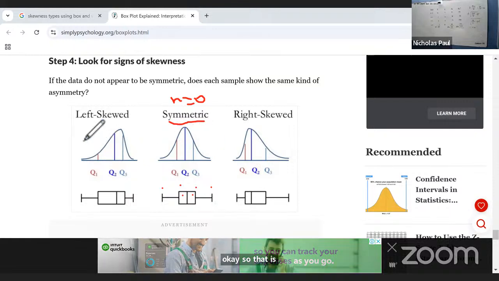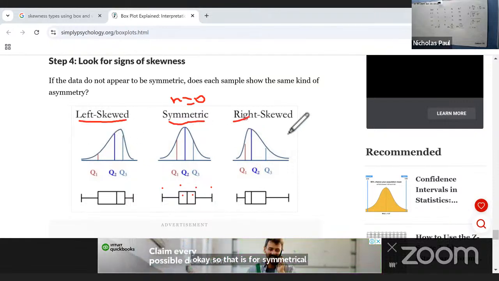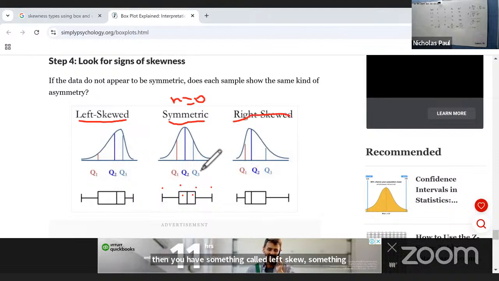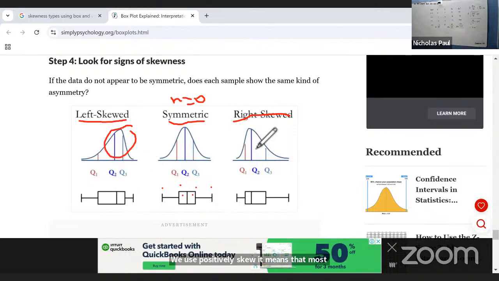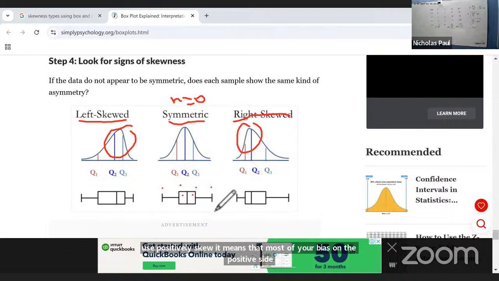Then you have something called left skewed and right skewed. We don't really use those words; we use positively skewed, meaning most of your values are on the positive side, and negatively skewed. How do you know them? Look at the whisker here.